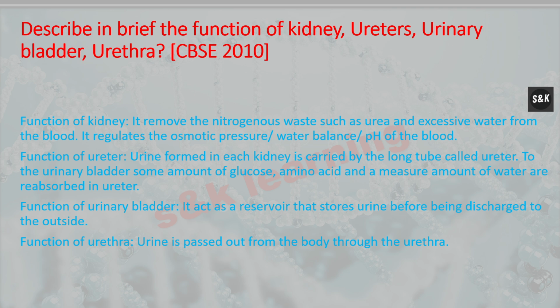Some amount of glucose, amino acids, and a measured amount of water are reabsorbed. Function of urinary bladder: it acts as a reservoir that stores urine before being discharged to the outside. Urethra: urine is passed out from the body through the urethra.